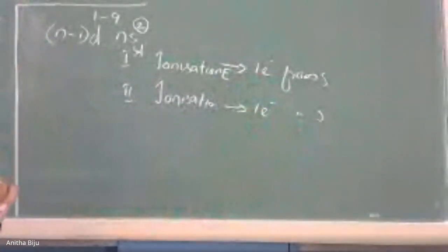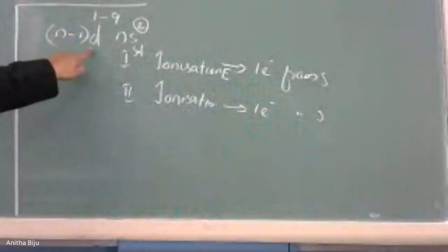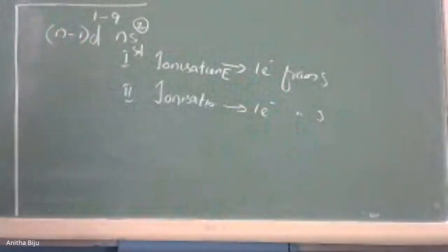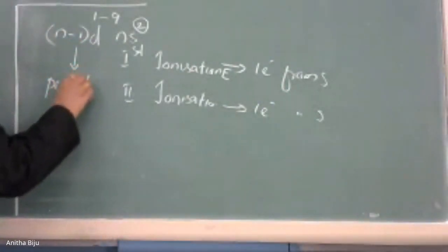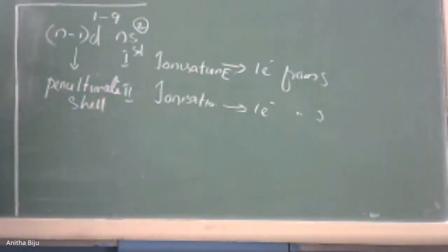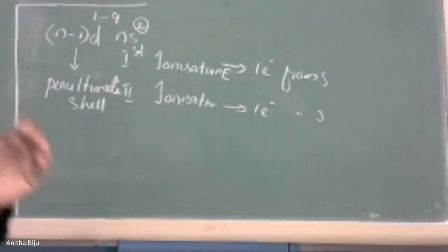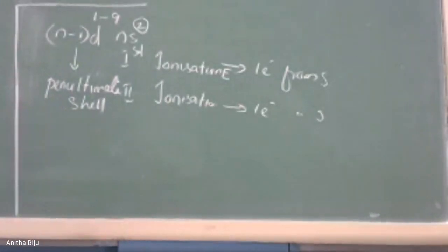What about third ionization? During third ionization, electron is taken from the inner shell. Inner shell means penultimate shell. So D electrons are present in the penultimate shell. You can also imagine that penultimate shell means the shell which is nearer to the nucleus compared to the valence electron.